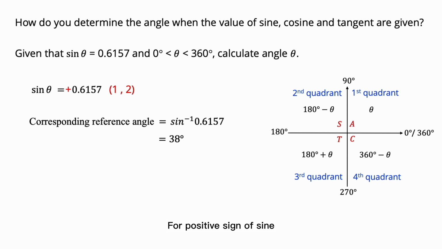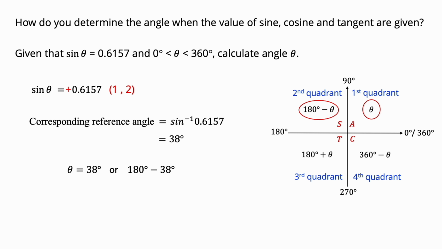For positive sign of sine, angle theta falls in the first quadrant, theta, and second quadrant, 180 degree minus theta. Therefore, theta equals to 38 degree or 180 degree minus 38 degree.